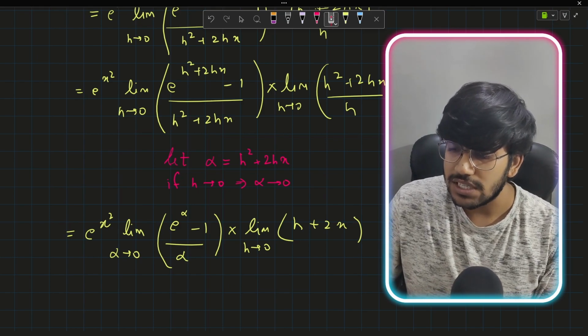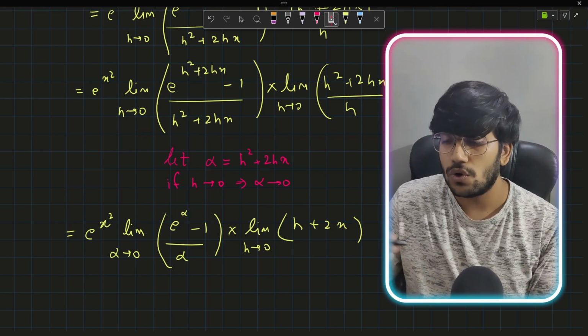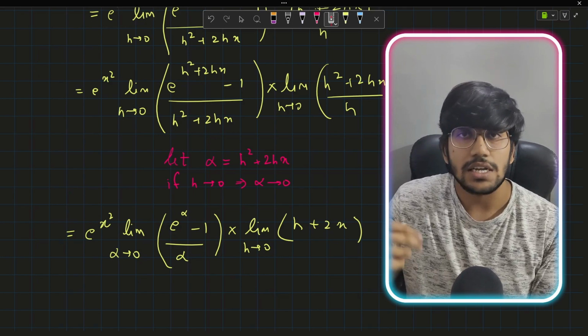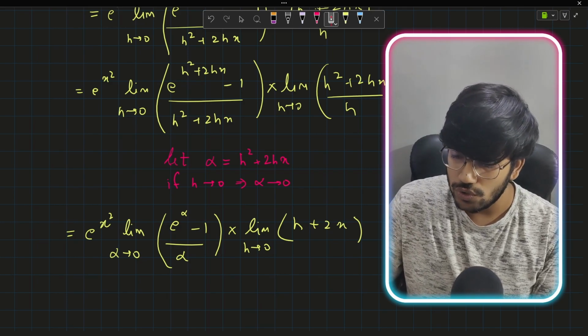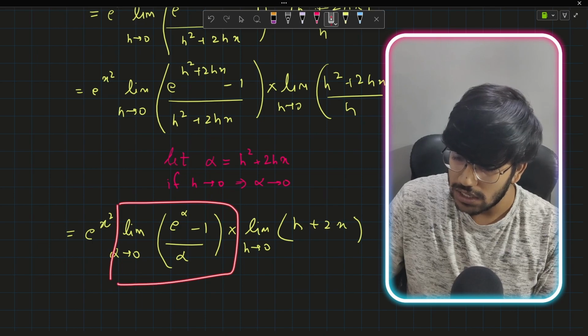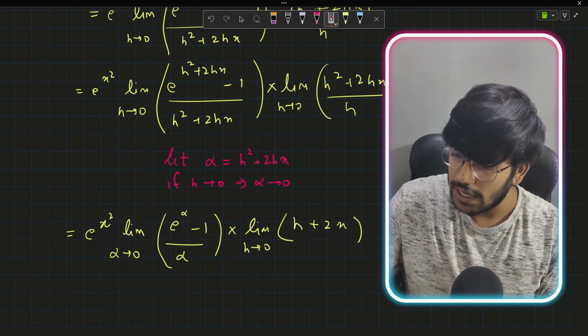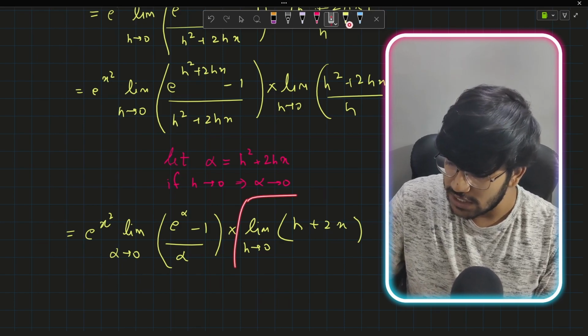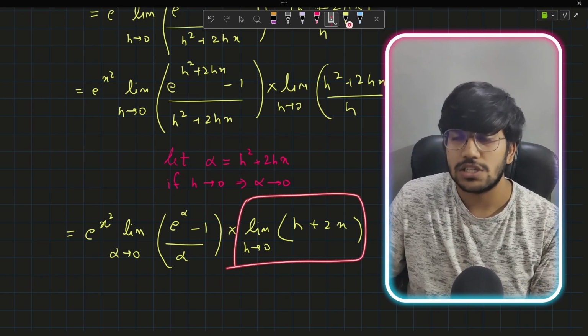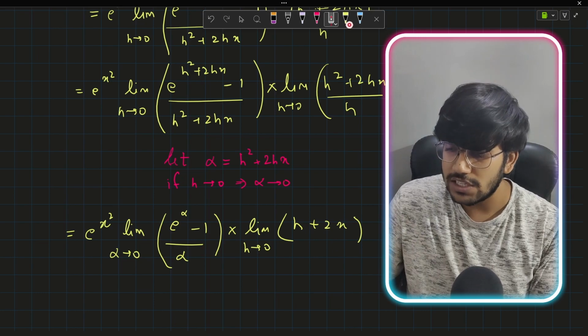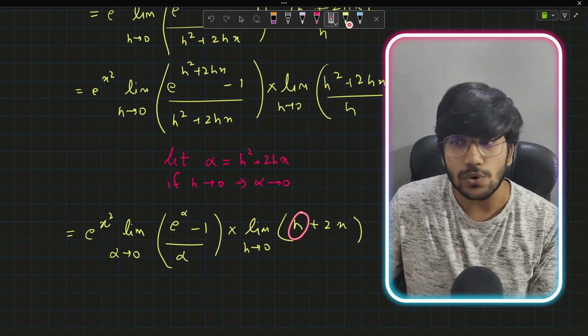If you have seen my previous video, or if you have already done a limit course, you know this limit goes to 1, and since this expression is not an indeterminate form, we can just substitute the value of h as 0.